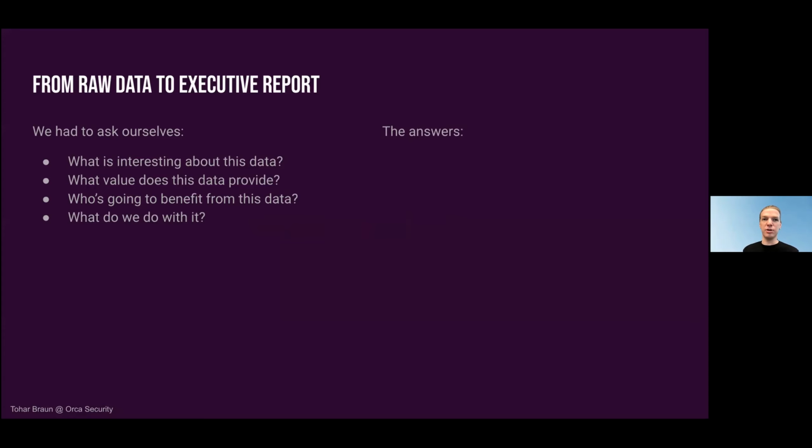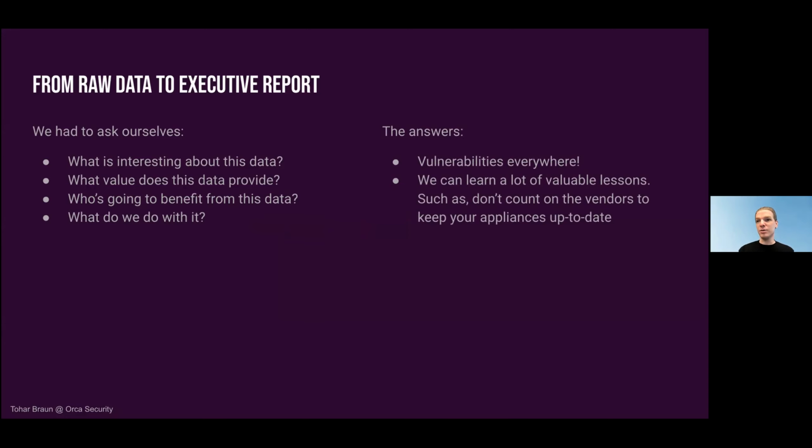And the answers are, first of all, what is interesting about this data? That is that we found vulnerabilities everywhere. What value does it provide? We can learn a lot from this. For example, don't trust the vendor of an appliance to keep it up to date. Who is going to benefit?